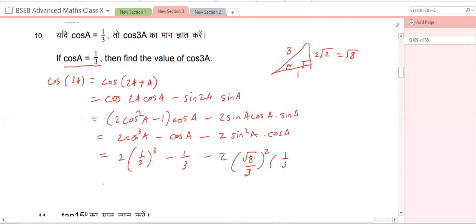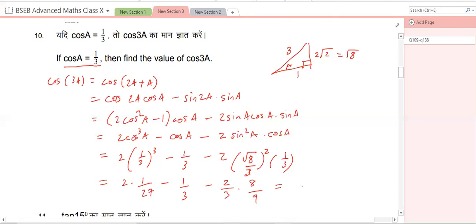Now we should have an answer, which is 2 times 1 over 27 minus 1/3 minus, see, 2 times 1/3 is 2/3 times 8 over 9, because square root of 8 squared is 8, 3 squared is 9.